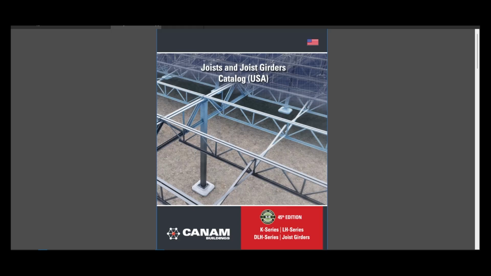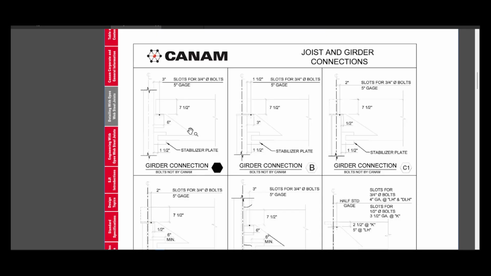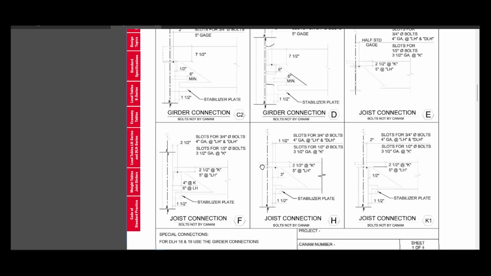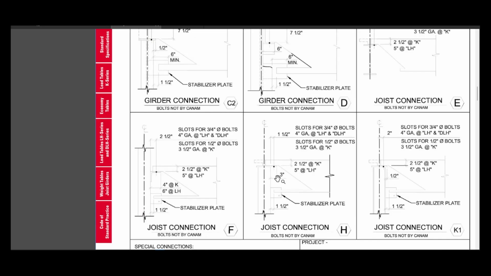The first page of the Canam joist catalog for joists and joist girders looks like this. There are a few basic connections we will see from the Canam catalog also. Just go through these connection pages, with different conditions like HSS structural column or wide flange column, the connections of the girder joist and the connections of the K series and LH series joist bearing on the column top or seated connections.